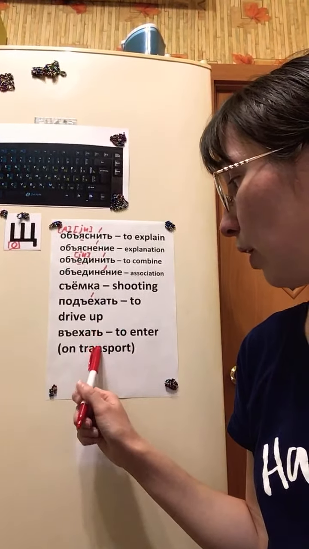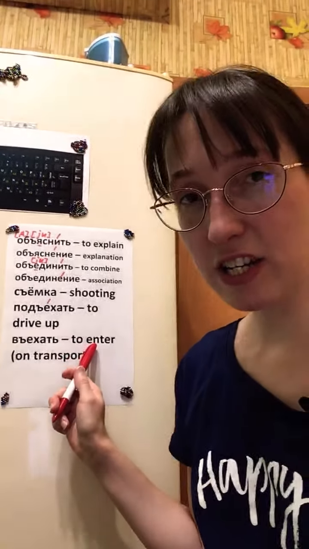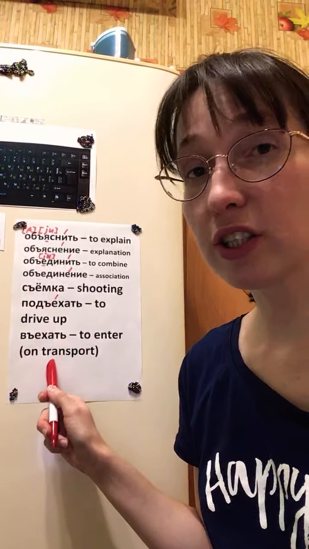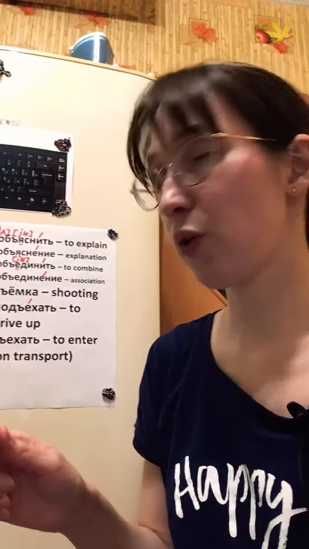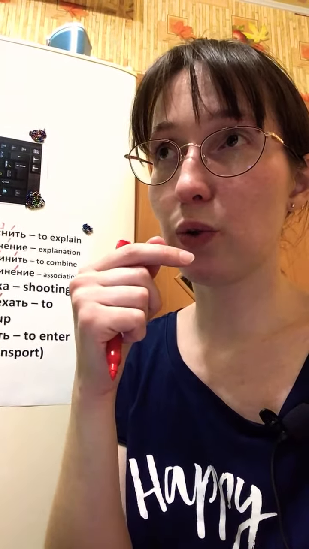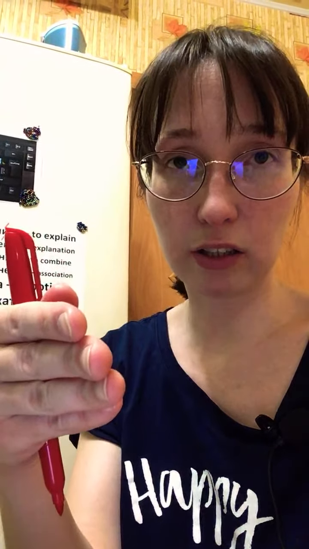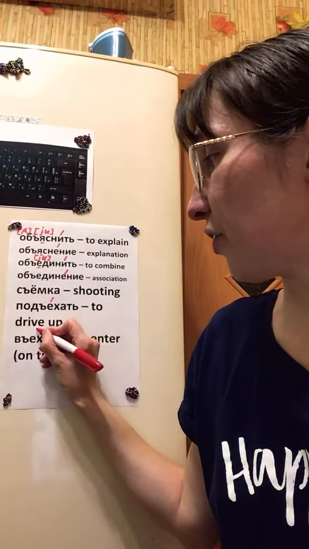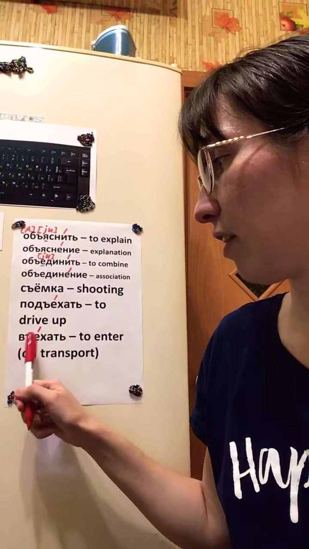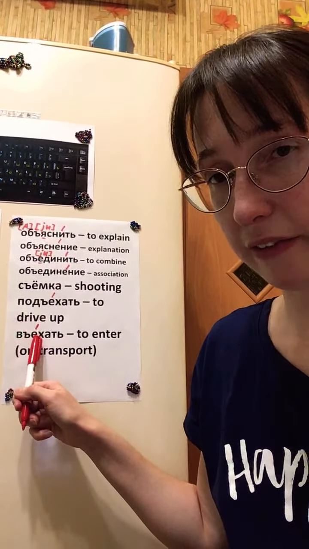And the last word, to enter, but on transport, only on transport. For example, to enter the garage, okay, to enter a parking lot. Ye is stressed. V, separate them again.